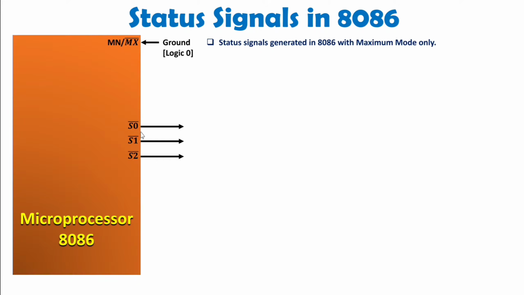And these signals are connected with the bus controller IC, right? So here, my dear students, using status signals we generate control signals, and here it is written, you see, the bus master is generating control signals. The bus master may be 8086 or it may be a coprocessor, right?